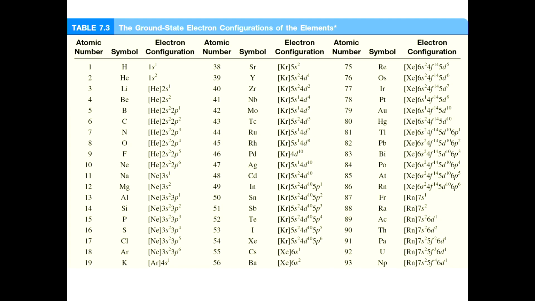Okay. So this table shows the electron configurations of the elements. Here we can see, for example, for this one, we don't have to write 1s here, because 1s2 is a pure filled shell. So you can just use it, and also like this.